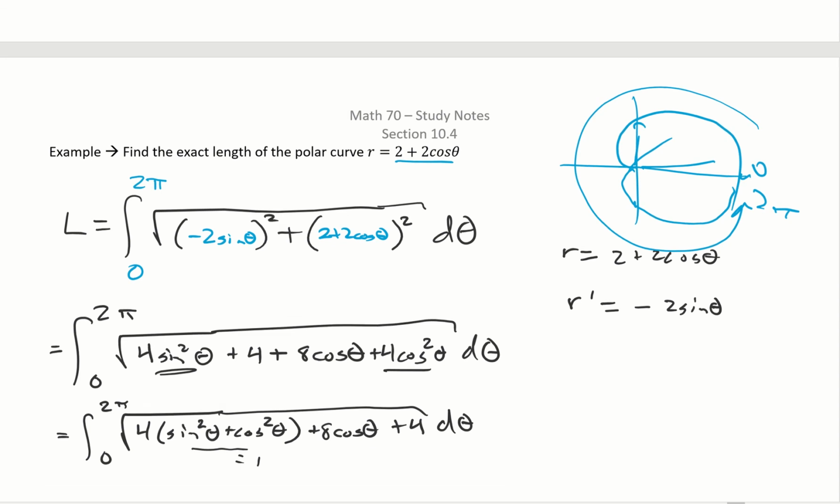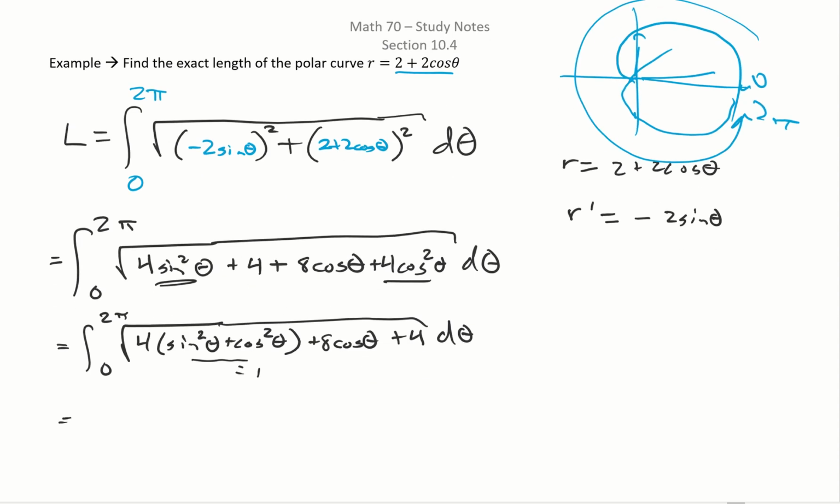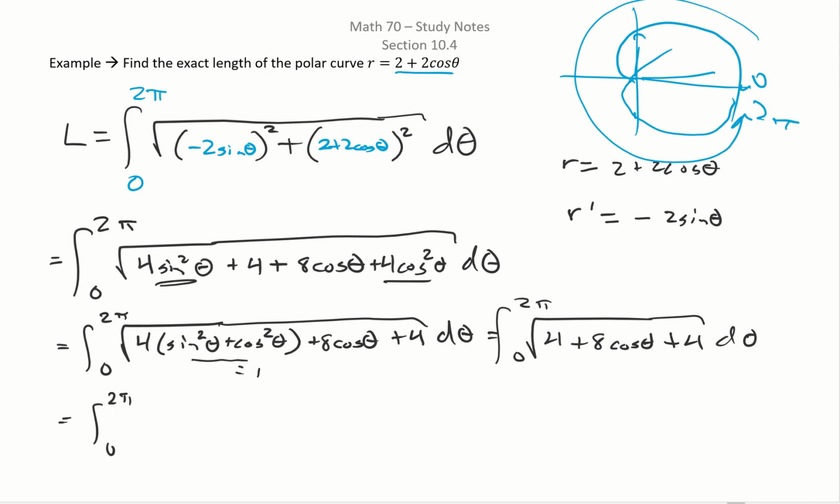So this is equal to the integral 0 to 2 pi of the square root of nothing but 4 there, plus 8 cosine theta, and then plus 4 again, d theta.